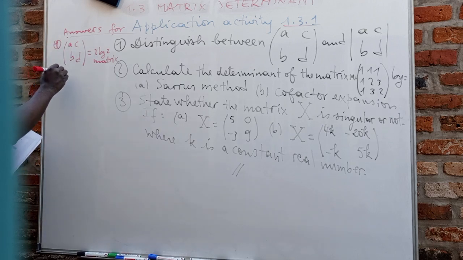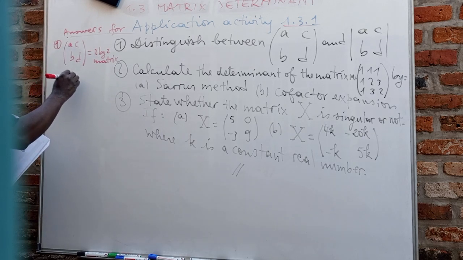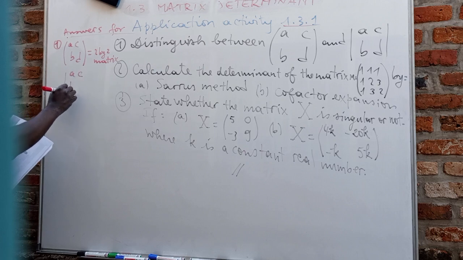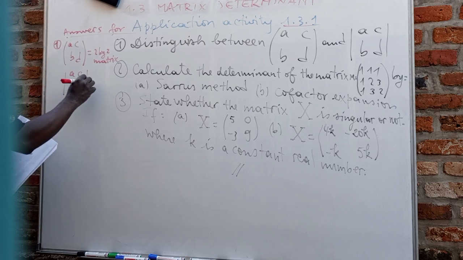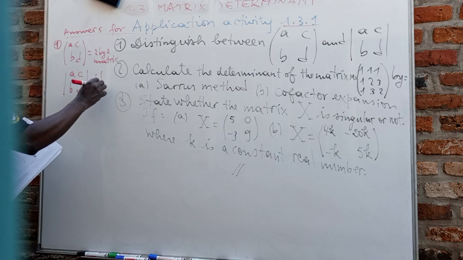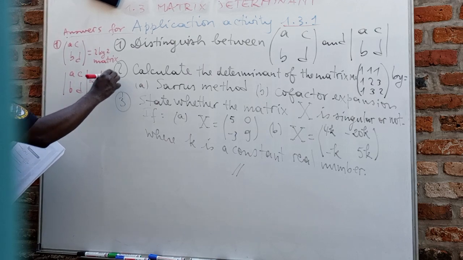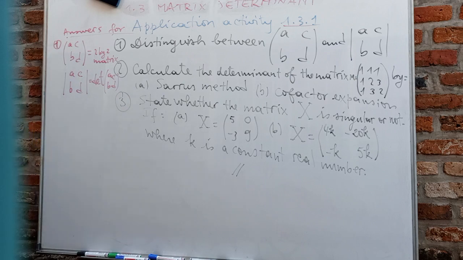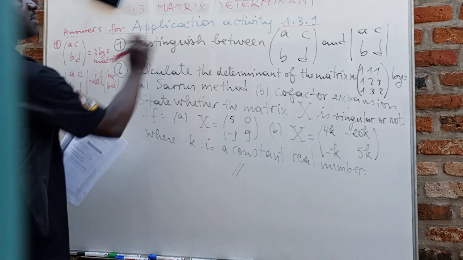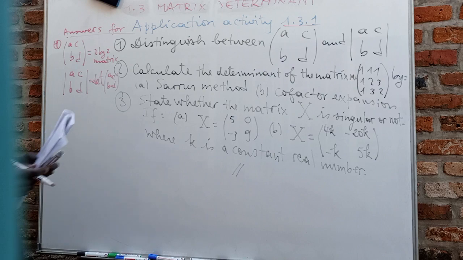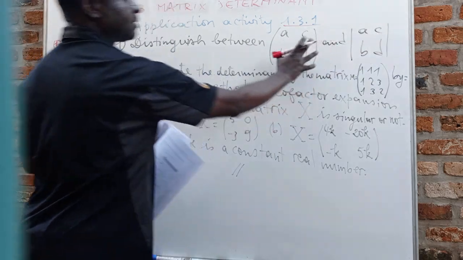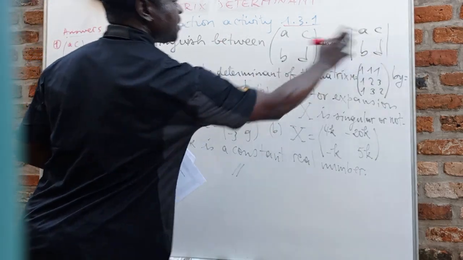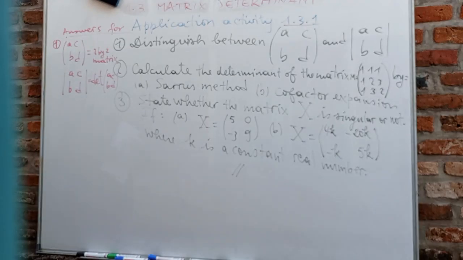While in vertical bars, normally this is a determinant. It is the determinant of this matrix. So that is the distinction between the two elements. This one is a matrix. That one is its determinant.